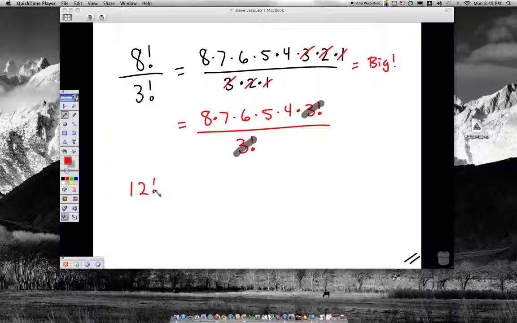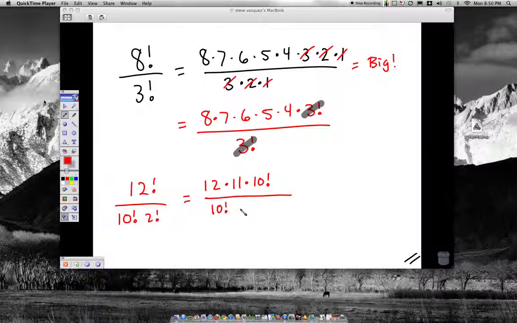When this comes in handy later on might be, for instance, if you have 12 factorial over 10 factorial times 2 factorial. That's 12 times 11 times 10 factorial over 10 factorial times 2 times 1.